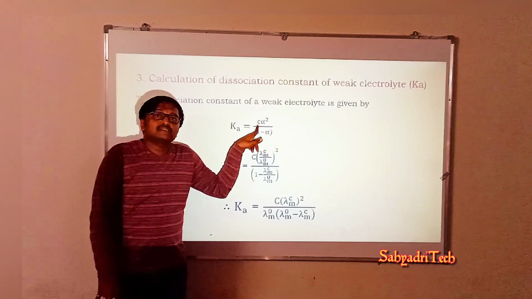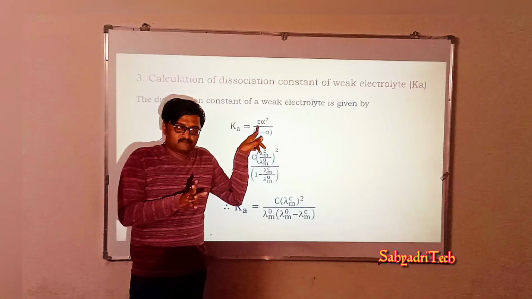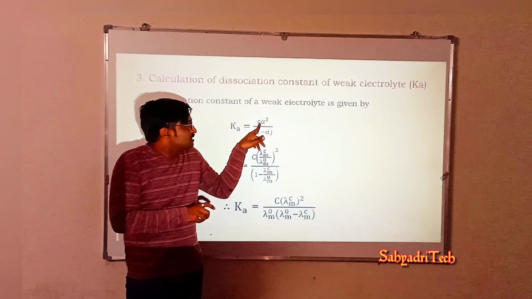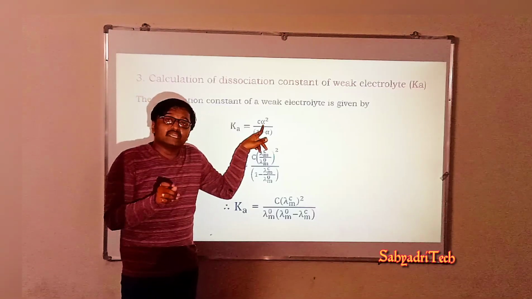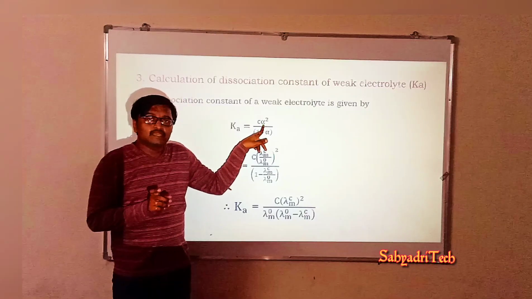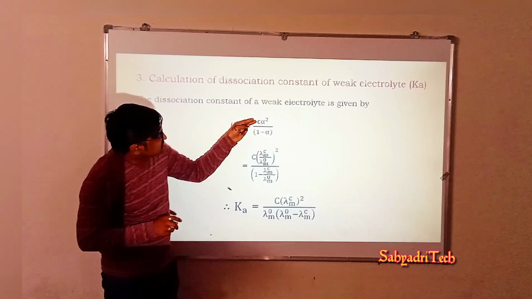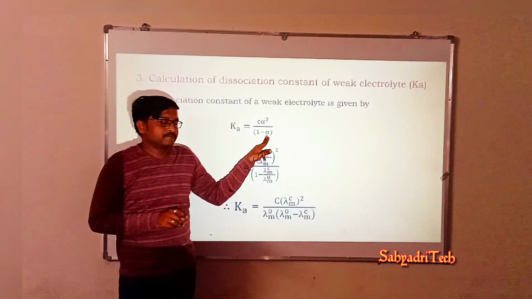What is C here? C is the molar concentration of that electrolyte. What is alpha? We already mentioned it is the degree of dissociation of the electrolyte. So Ka is equal to C into alpha square divided by 1 minus alpha.